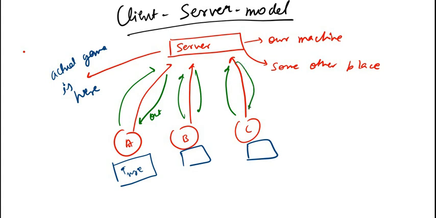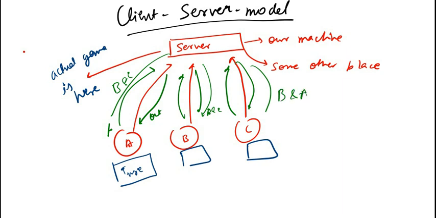In this way, the input processing will be done in this model, and the server will also provide the position and state of the other clients to every other client. So A will be getting the information about B and C, B will be getting the position of A and C, and C will be getting the information about B and A. In this way, the game will proceed.